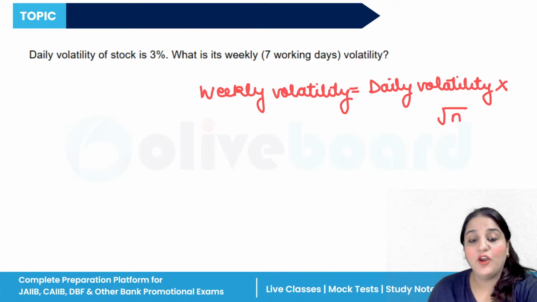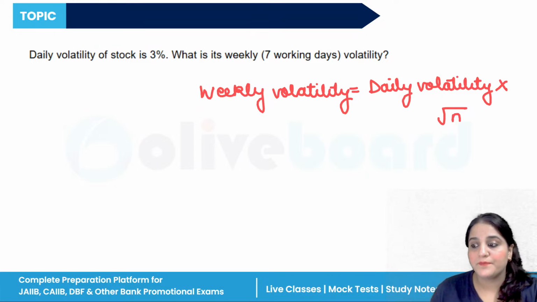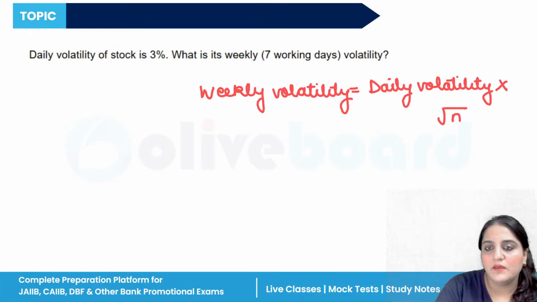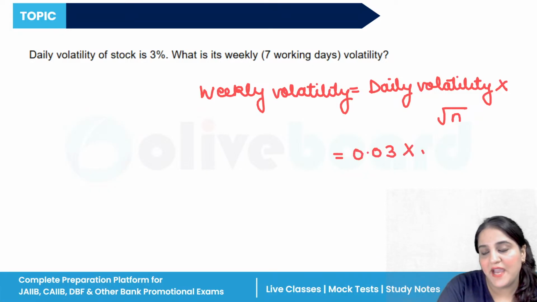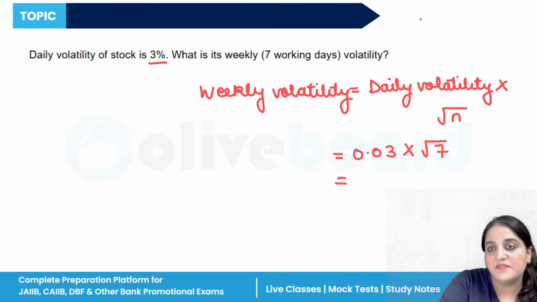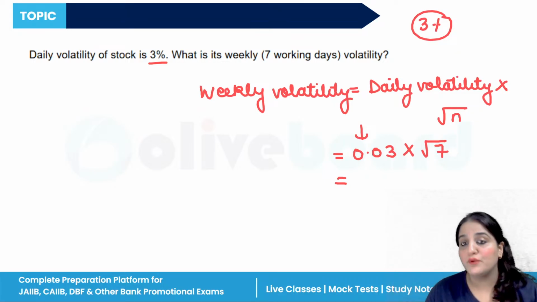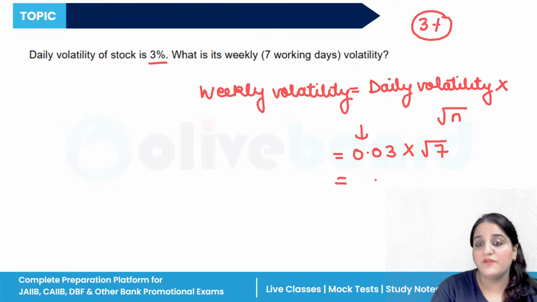So daily volatility is 3%, that is 0.03, multiplied by root 7. When you take the 3%, you get 0.03, then multiply it by root 7. With the use of a calculator, you can find the root value here, that is 2.6458.